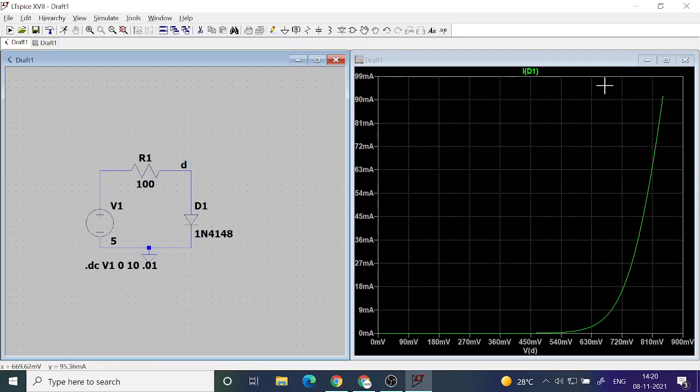The reason is that the current becomes so large, around 90 milliampere, that because of Ohm's law, R1 multiplied by that 90 milliampere will create more than a 9 volt drop across this resistance. So only the remaining voltage will be dropped across the diode. So the voltage is not linearly rising.